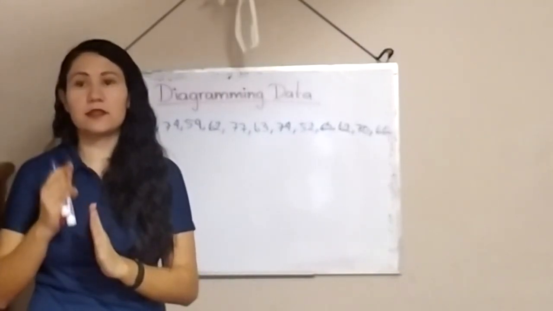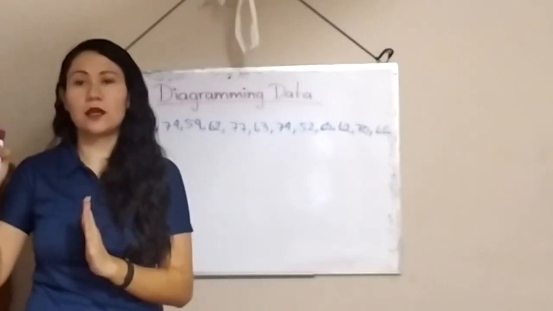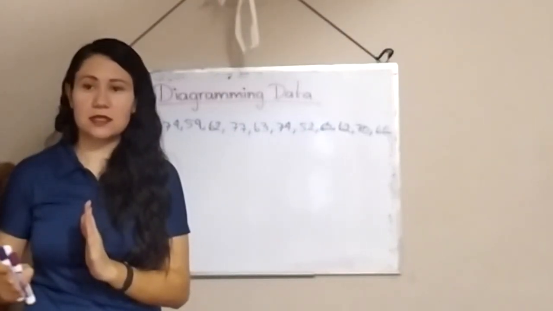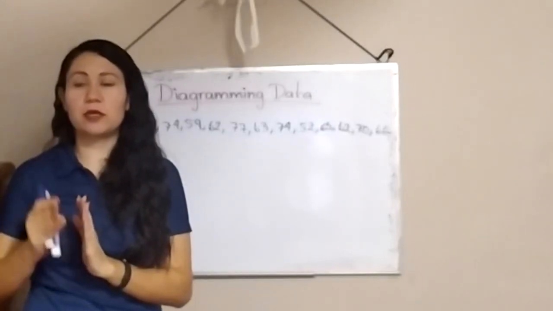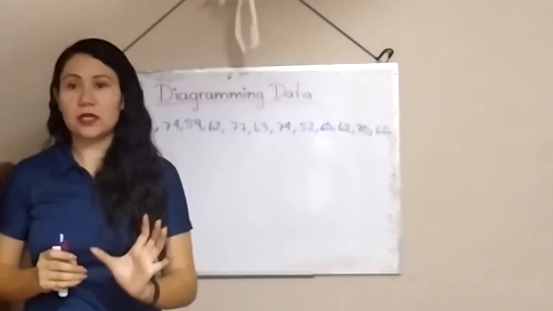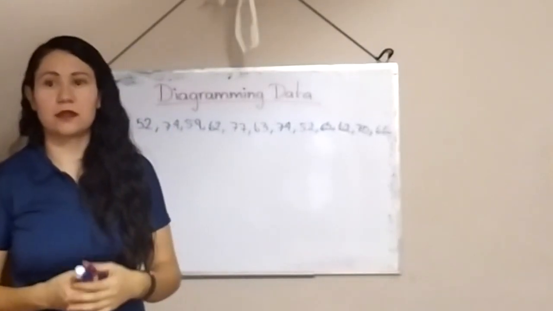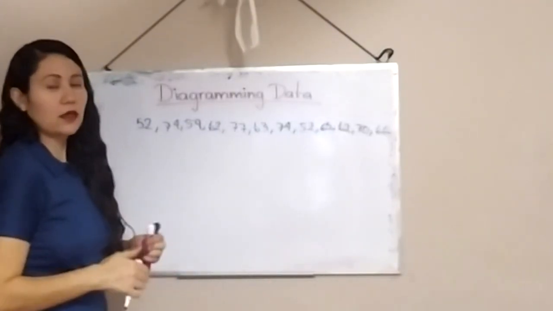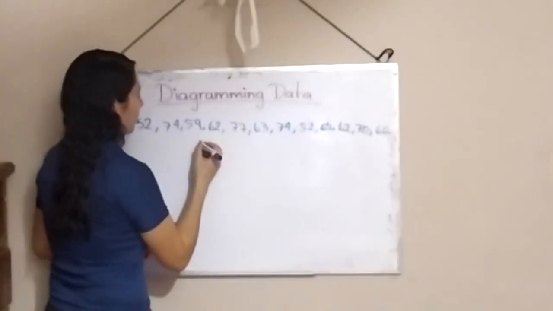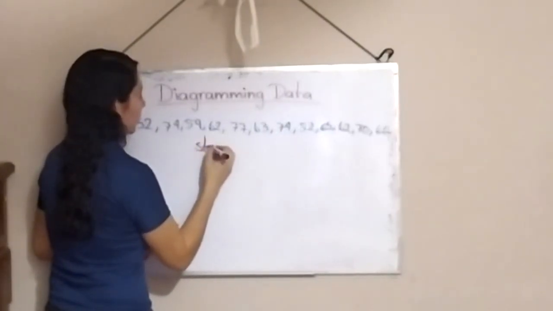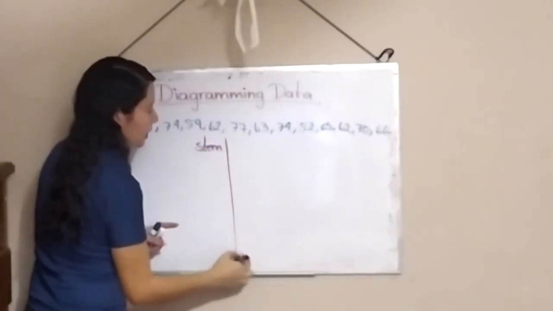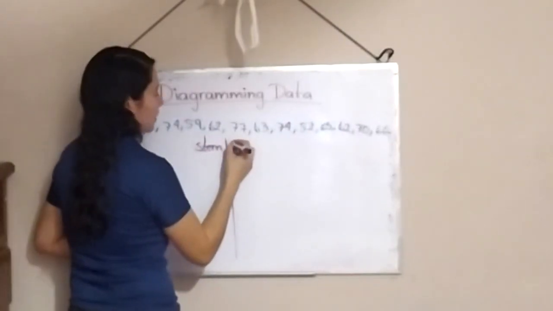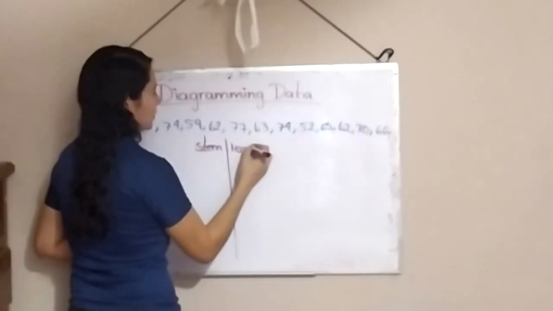We can have tens, we can have hundreds, we can have thousands. Everything else is going to be the stem, and the units are going to be the leaves. Okay, we are going to make a stem separated by a line and leaves.